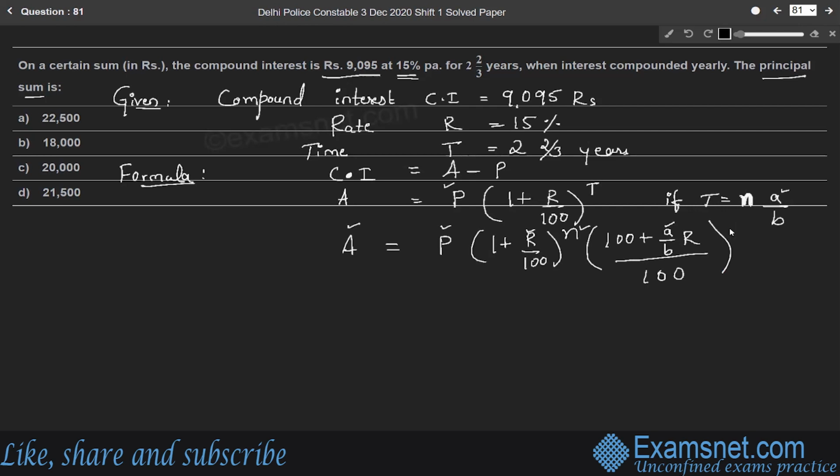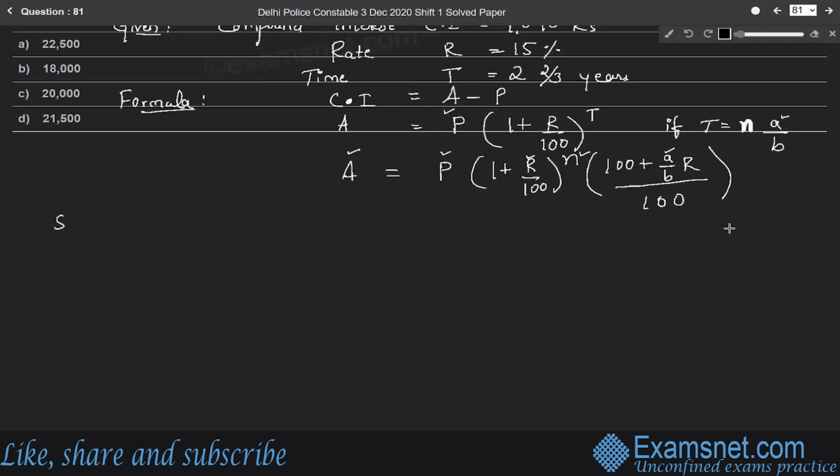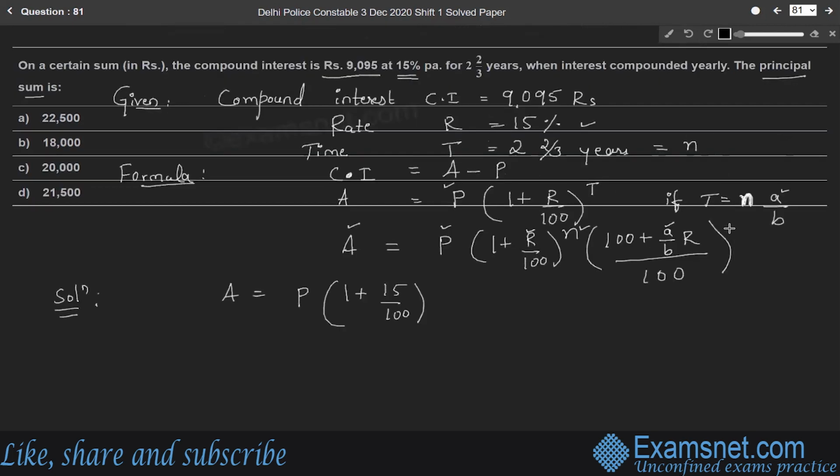So let us solve this. Solution. Let us find the amount first. Amount A is equal to principal, which we have to calculate later, into 1 plus 15 by 100 to the power of n. Here time is in the form of n integer a by b, where n is 2 and a by b is 2 by 3.